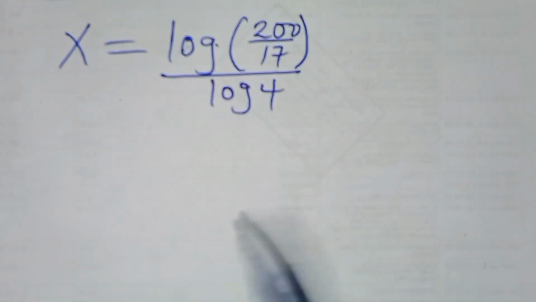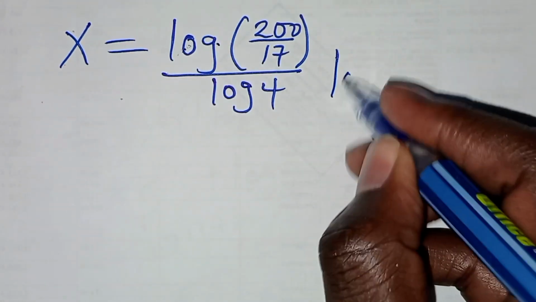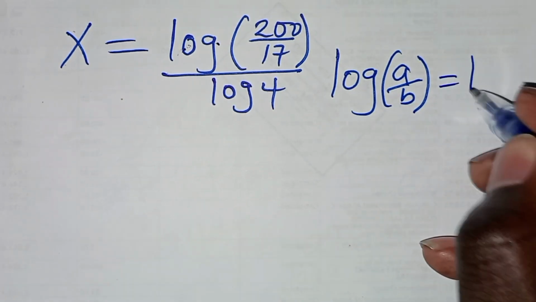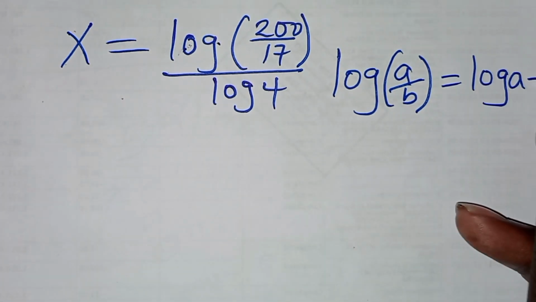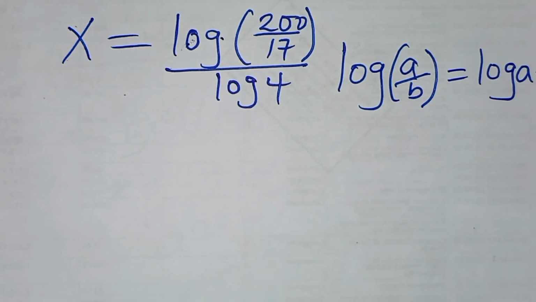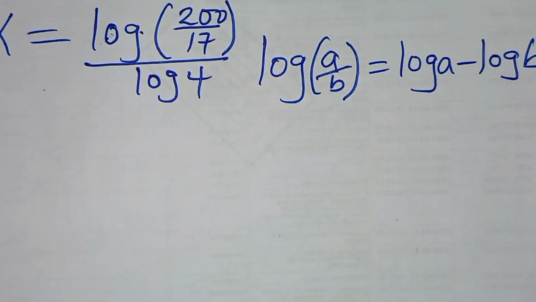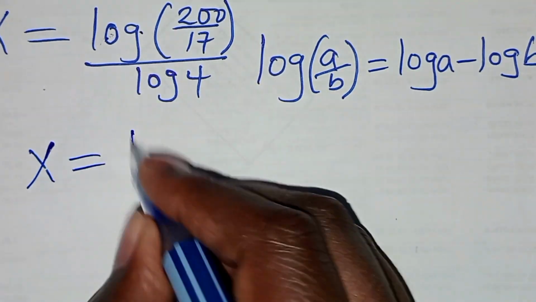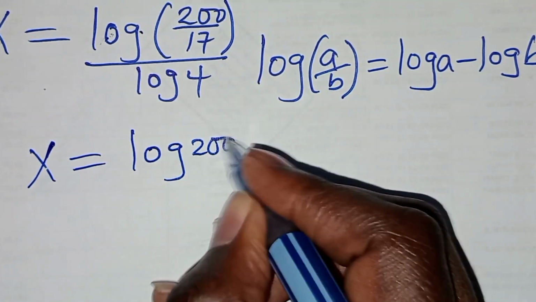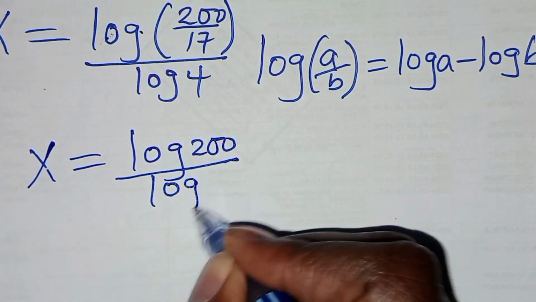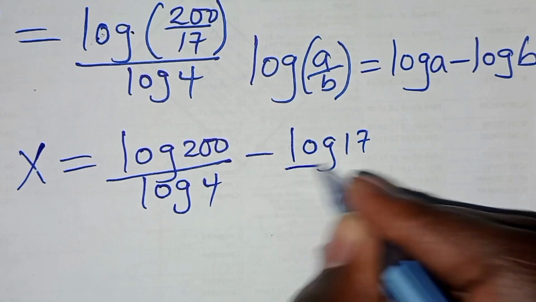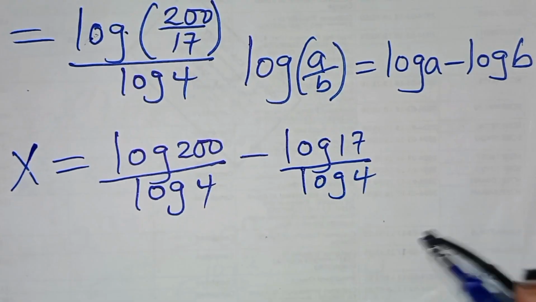Now log 200 over 17 is in the form of log a divided by b, which we can express as log a minus log b. So applying this logarithm property, it follows that x is equal to log 200 divided by log 4, subtract log 17 divided by log 4.